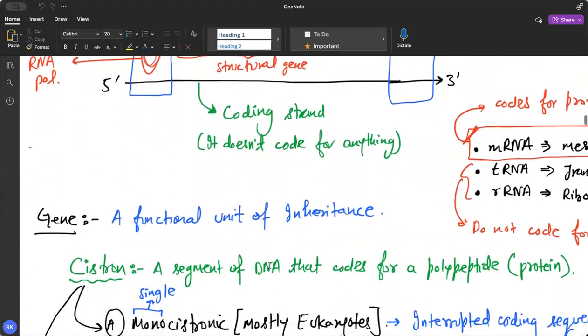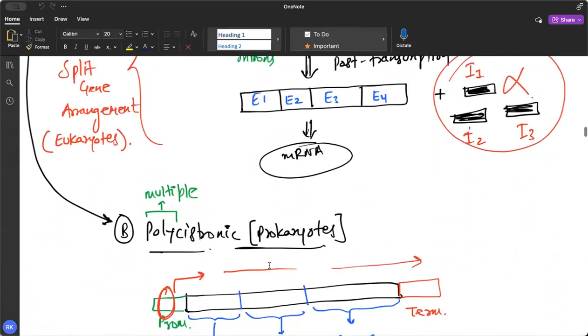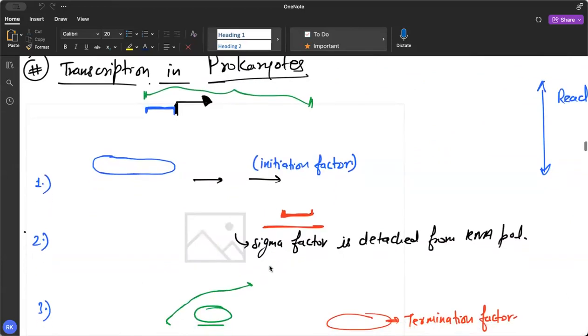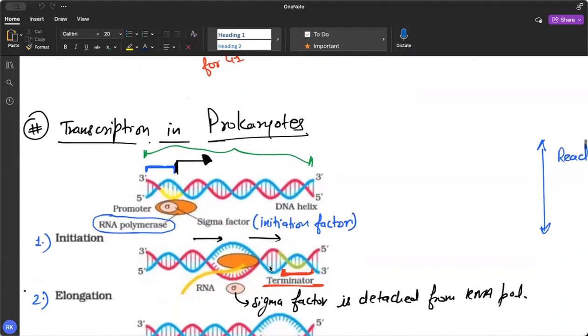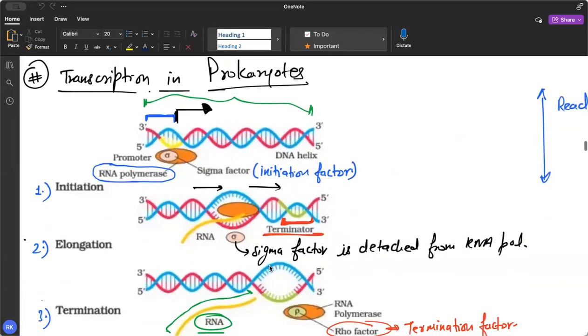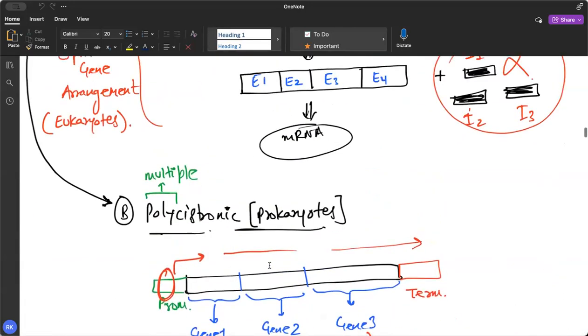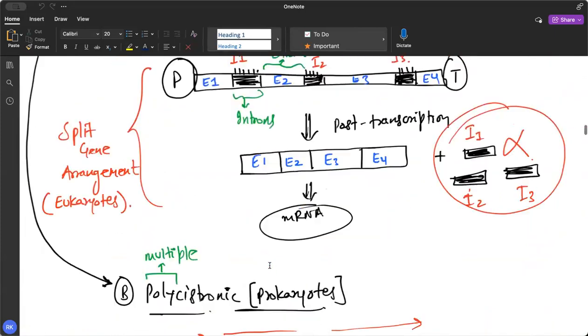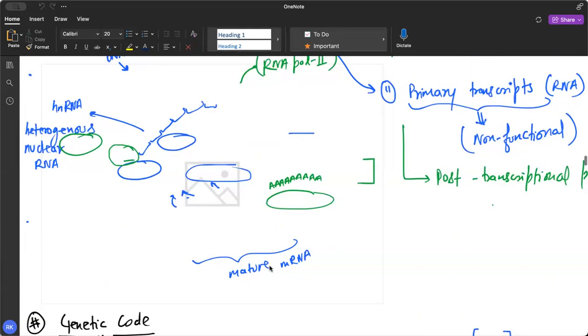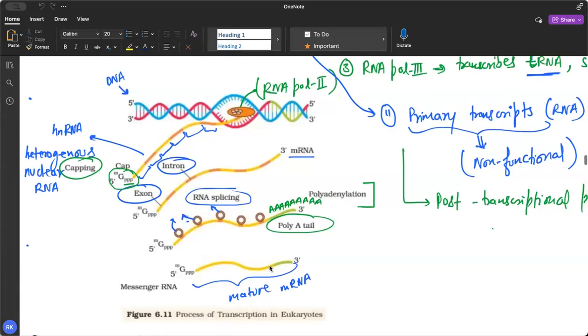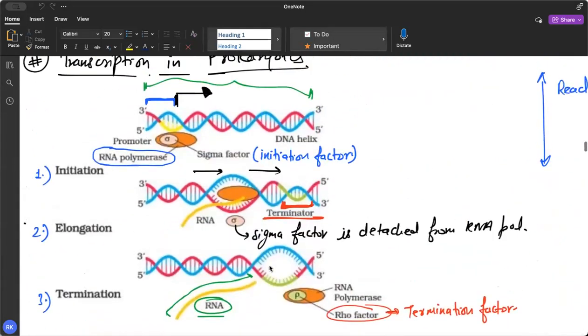Then transcription unit, just brush it up. We'll do some questions on this part, so it will get cleared with some questions. And then in prokaryotes and eukaryotes. So what is the difference between transcription in prokaryotes versus transcription in eukaryotes? If I ask you one, the most important difference.